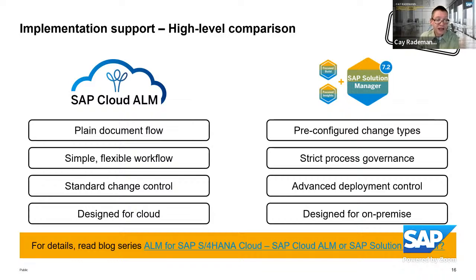The third point is the change control. SAP Cloud ALM has just a standard change control. At least at the moment, you see at the top right, this is information from February 2023.